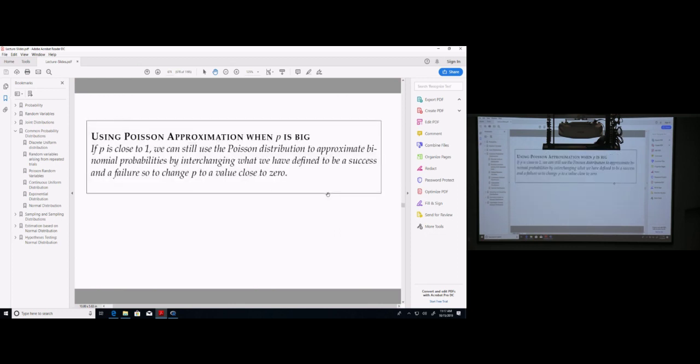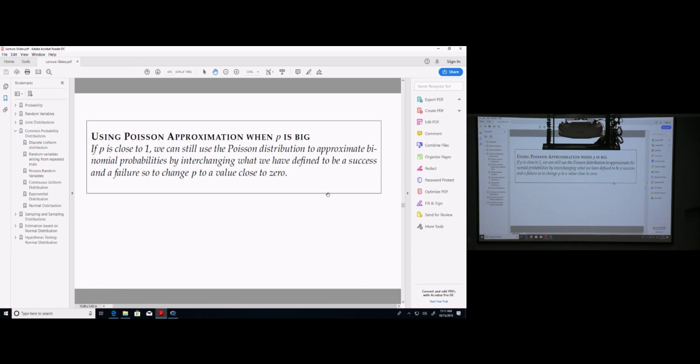All right. Now here I've been emphasizing that p is small. There is another part of the story when p is very big, meaning very close to 1. Now the trick we use: we were talking about the probability of success being small in the previous slides, but by a change of labeling, I think of success as failure and failure as success, then I can handle p very close to 1.